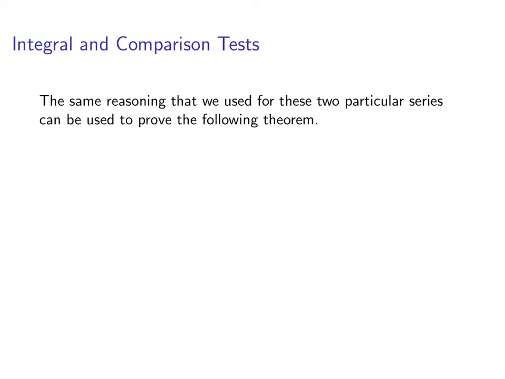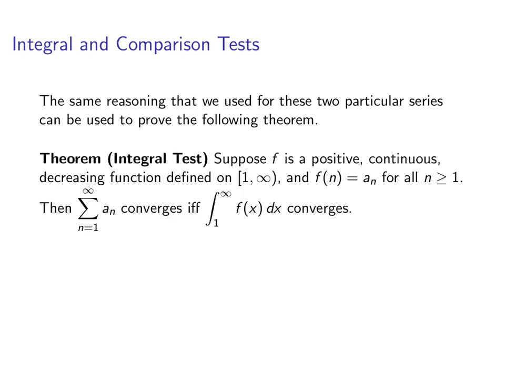Now this reasoning that we've gone through with one convergent series and one divergent series can be used to prove this theorem. This is the integral test. Suppose you have a positive, continuous, decreasing function defined on the interval from 1 to infinity, and that function gives you the terms of your series for all n bigger than or equal to 1.